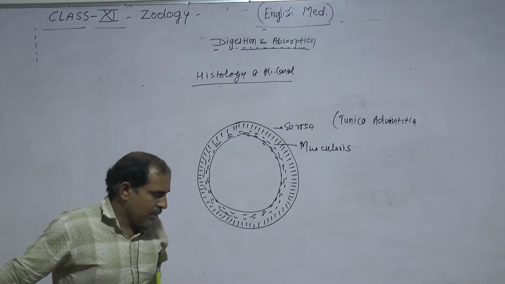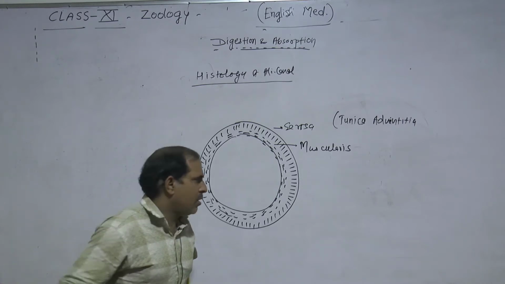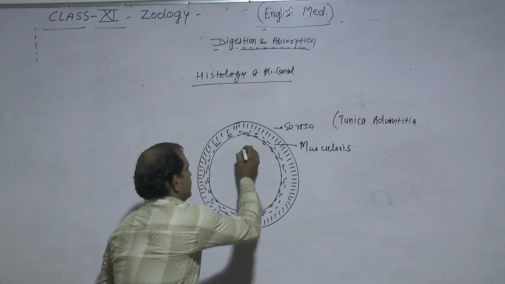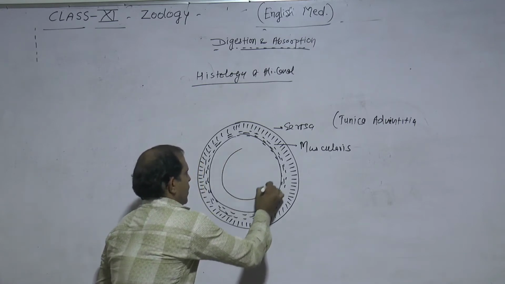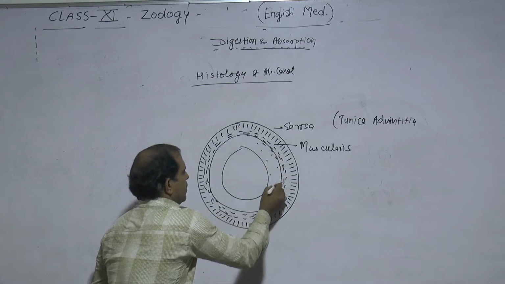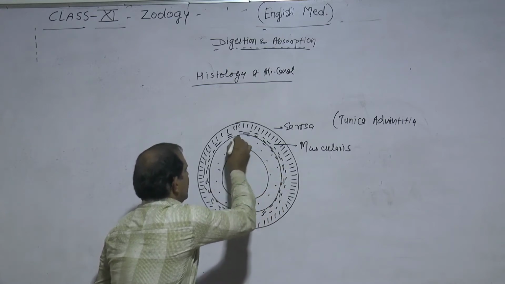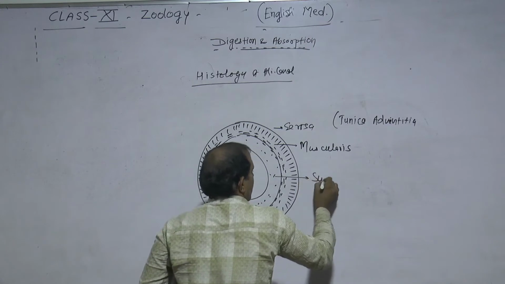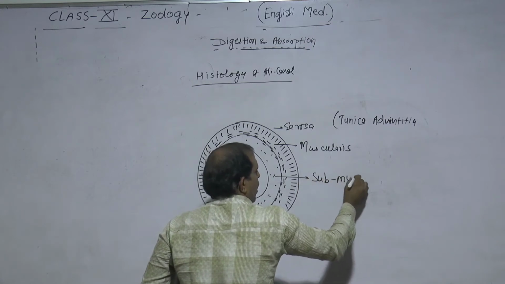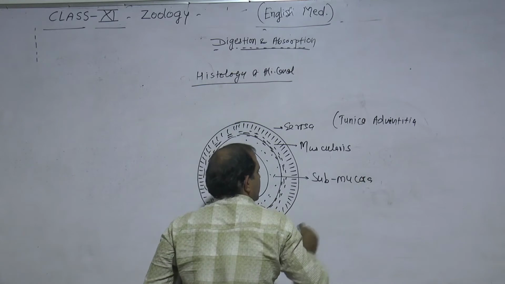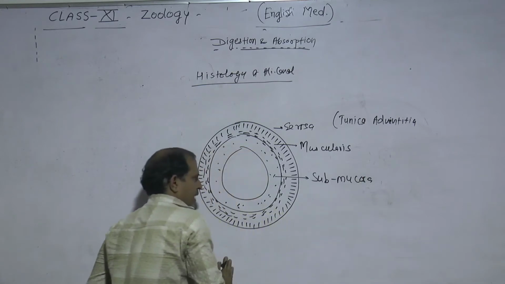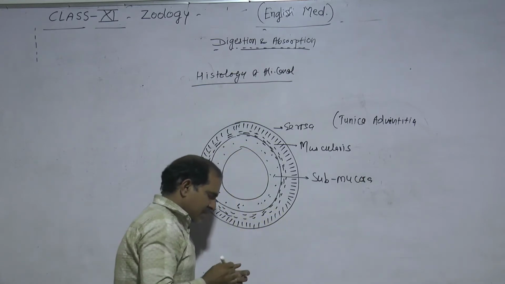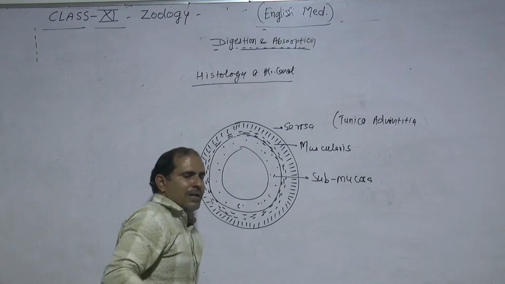The third layer is called submucosa, and the submucosa contains goblet cells.